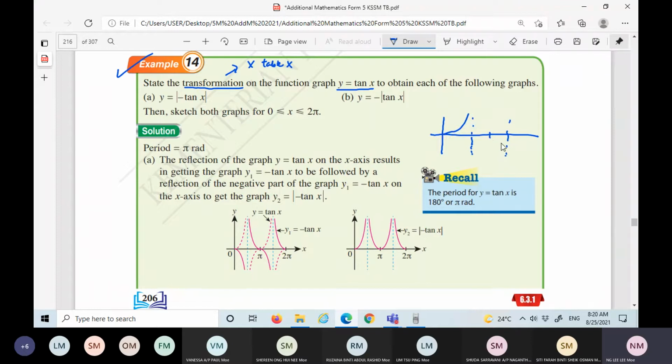Here is 180, here is 360. Actually this one has a complete 2 cycles. One cycle is from here to here.